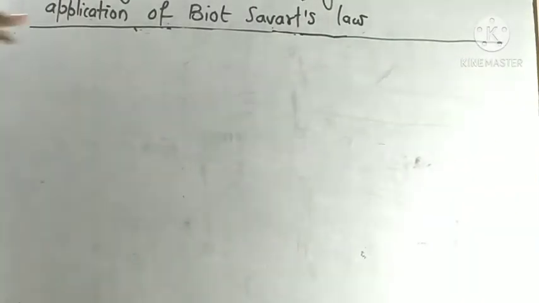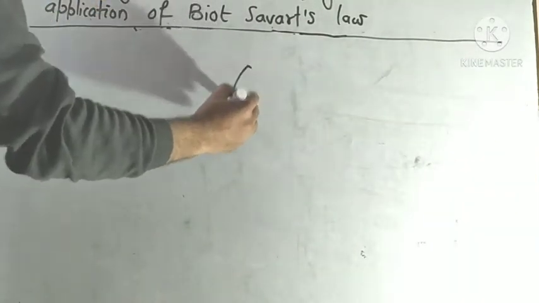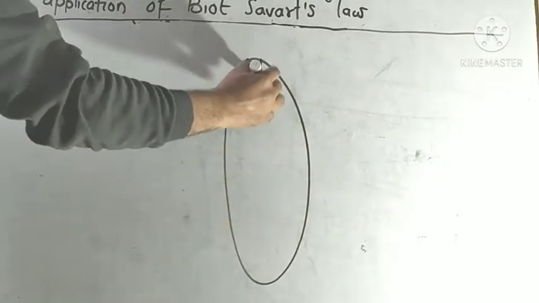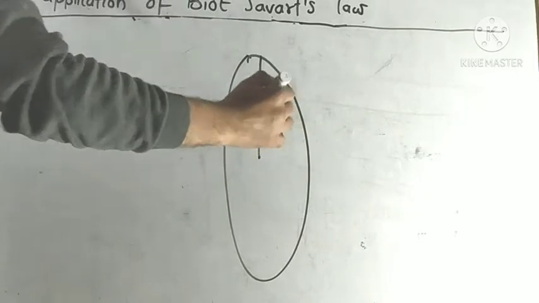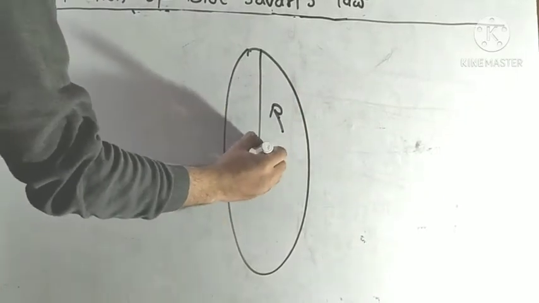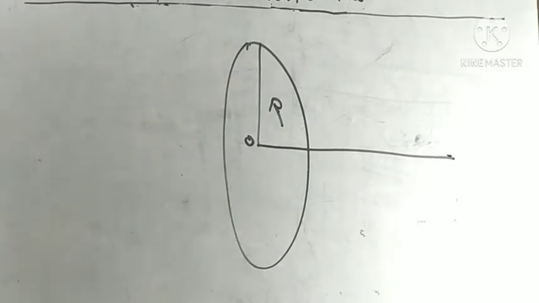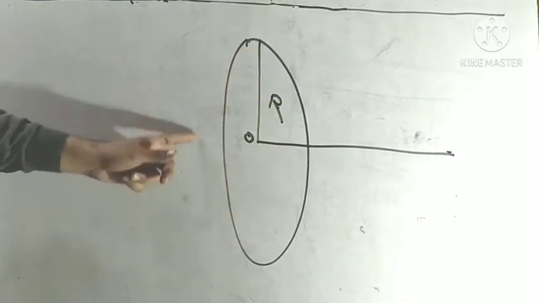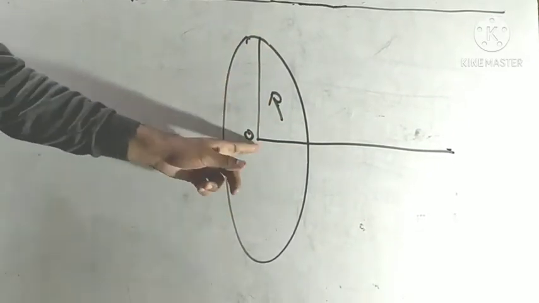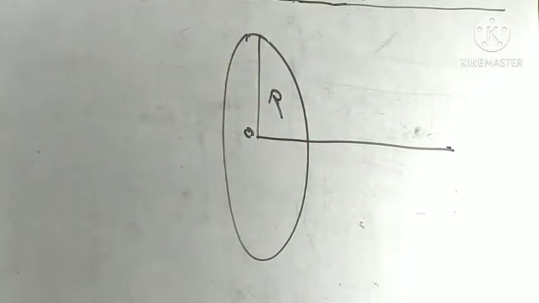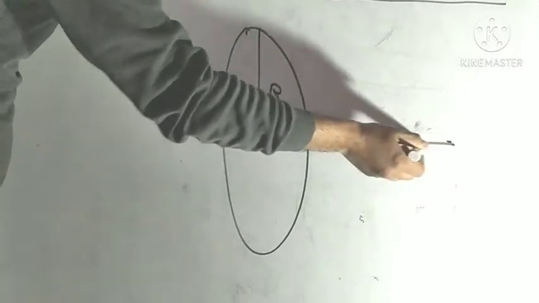So here what we do, we take a circular wire in the form of a circular loop or circular ring having radius r. Here the axis passes through the center of the circular loop. We have placed this circular loop in vertical form, and the axis passing through the center of the loop is horizontal.